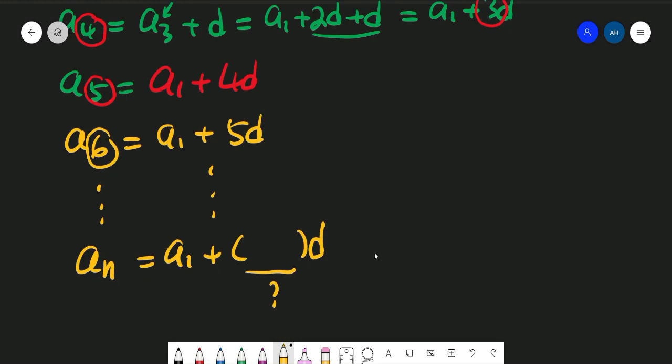So we have to reduce 1. So how do we write down n reduced by 1? We reduce 1 from n. Yeah, we write n minus 1. And that will be the formula to find the nth term.